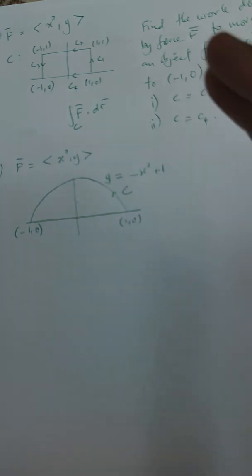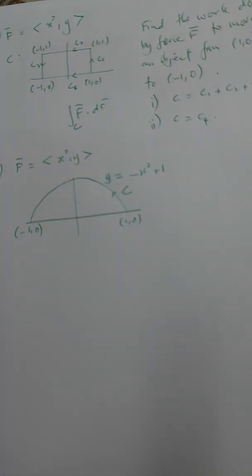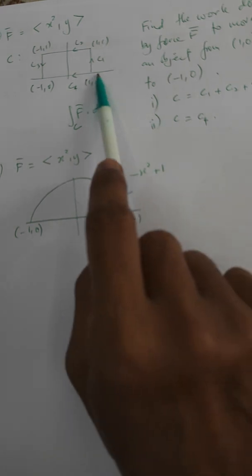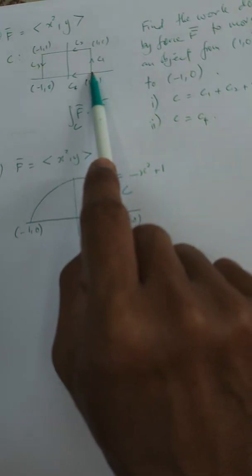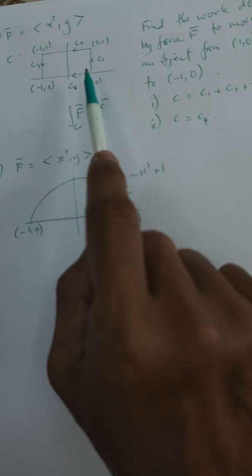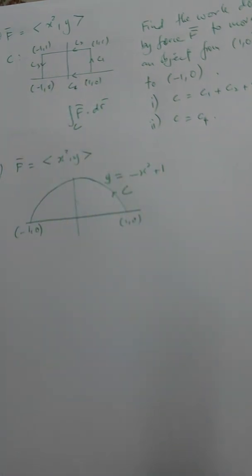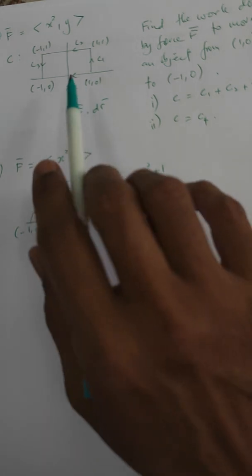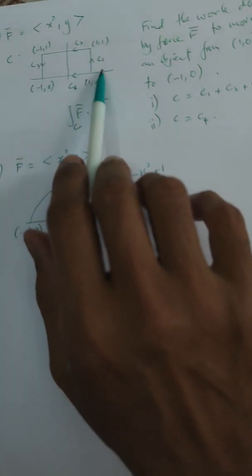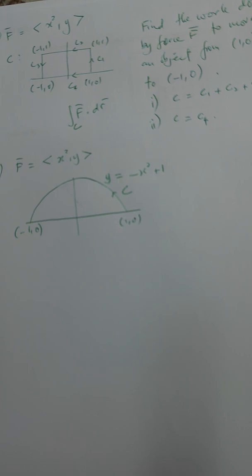I guess you should have a different value, because even though the initial point and the terminal point are the same, the path is different, so it gives a different result.